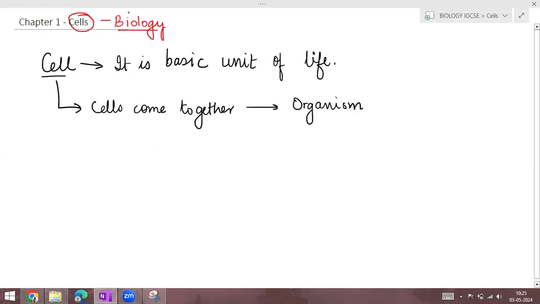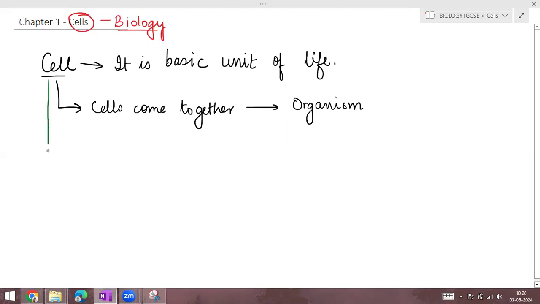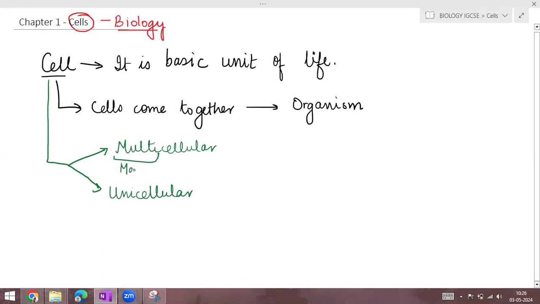Now, if we talk about the kinds of organism on the basis of cells, there are majorly two kinds of organism. The first one is multicellular, and the other one is unicellular. Multi means many, whereas cellular means cell.